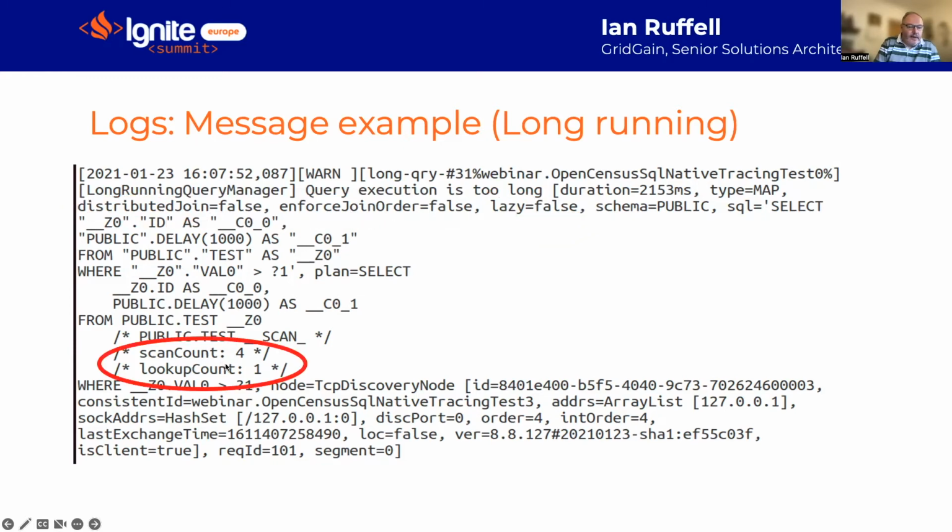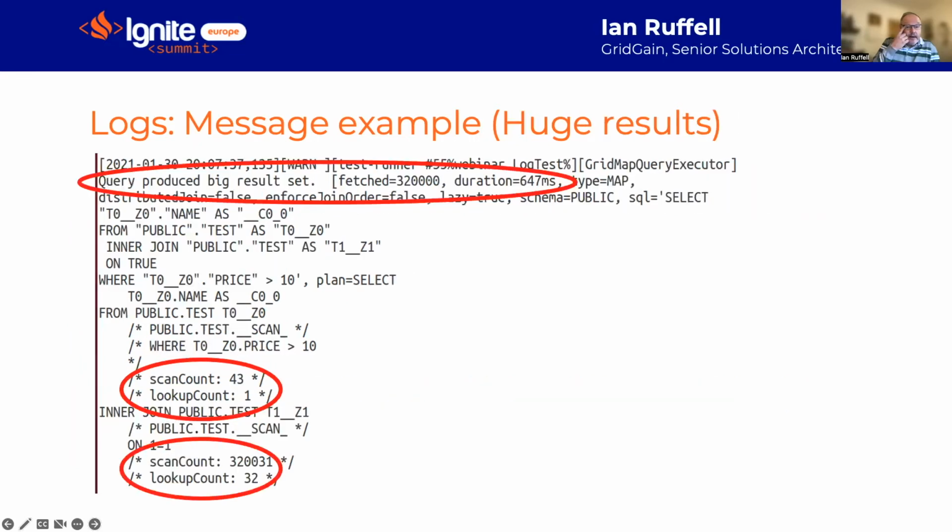Now we've got a scan count and a lookup count. A scan count of 4 is pretty bad, because it means it's scanning the table 4 times. You can also see in this example we've got a very big result set; it's produced 320,000 results. Okay, it's run pretty quickly for that, but our scan count's very high.